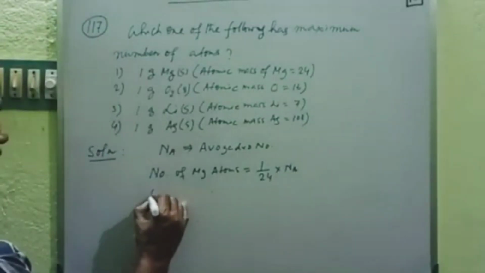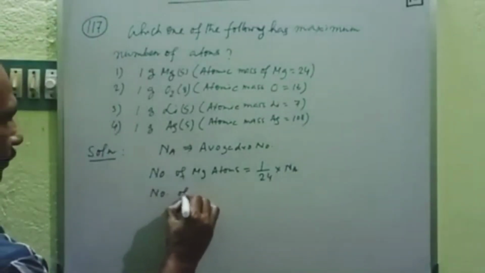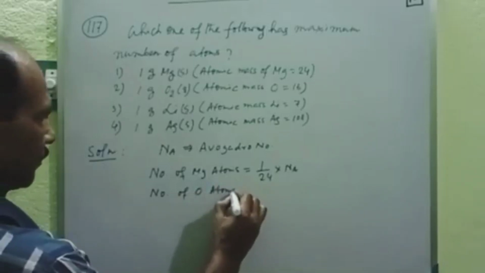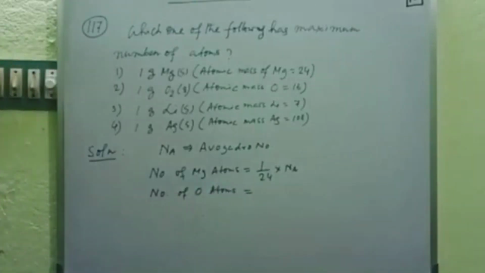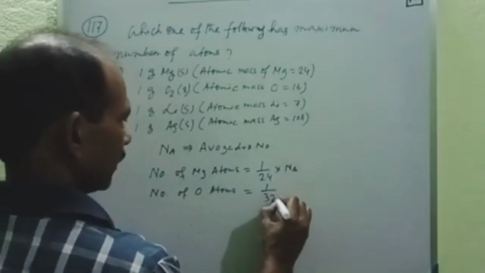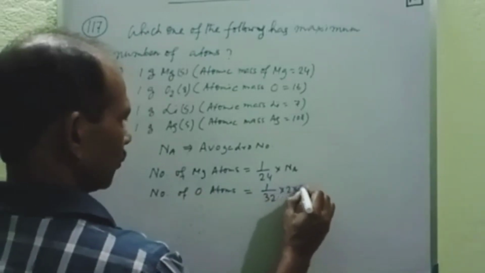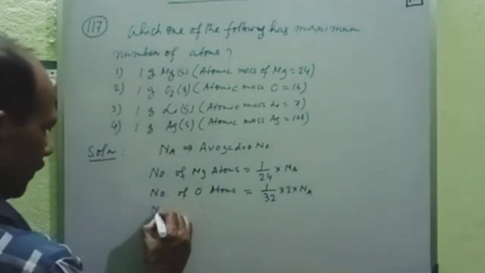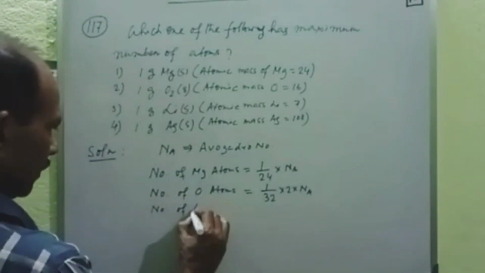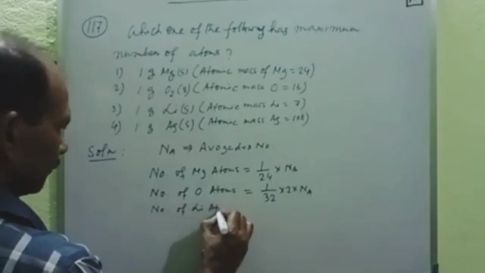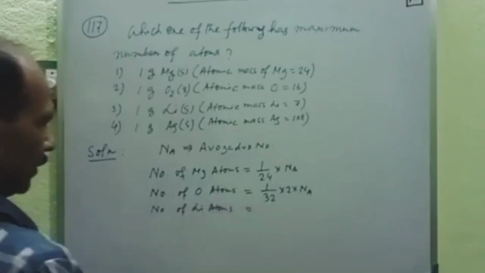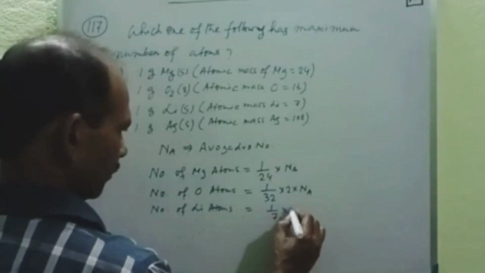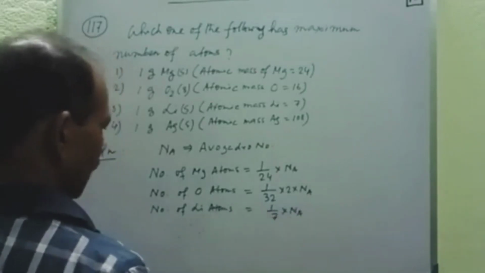Number of oxygen atoms equals to 1 by 32 into 2 into NA. Number of lithium atoms equals to 1 by 7 into Avogadro number.